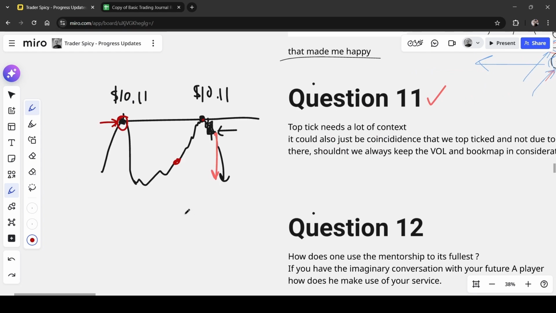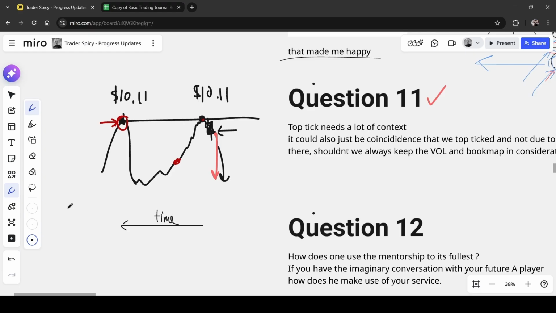True, very true. Something that increases the quality of this top tick signal are two things. They're somewhat correlated, but still. The first one is, what is the amount of time spent away from this level?